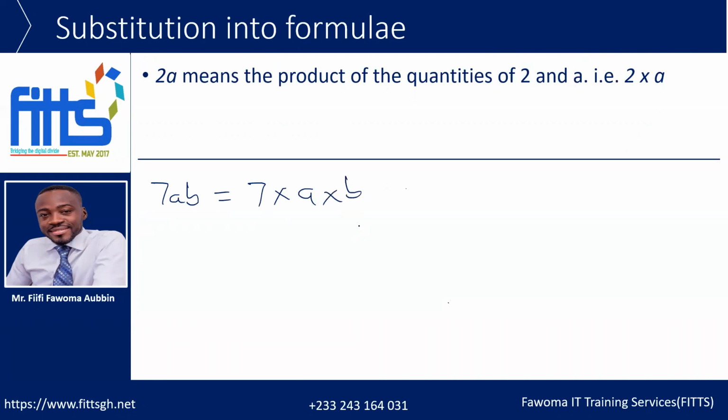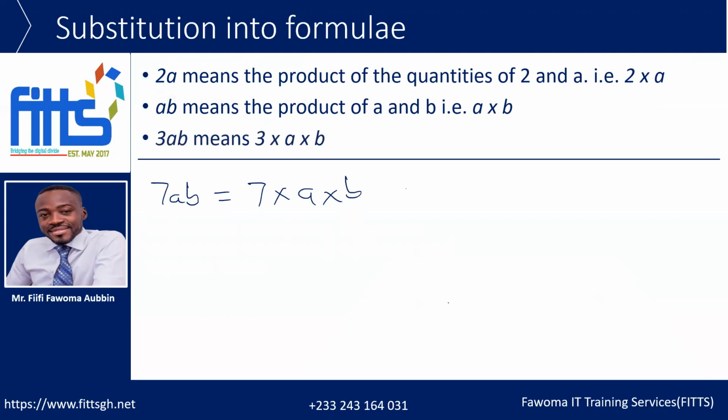If I write ab, then obviously it is a times b. 3ab is the same as 7ab in that sense.